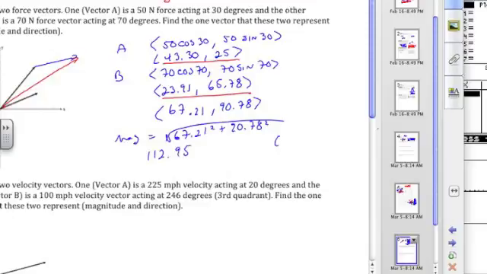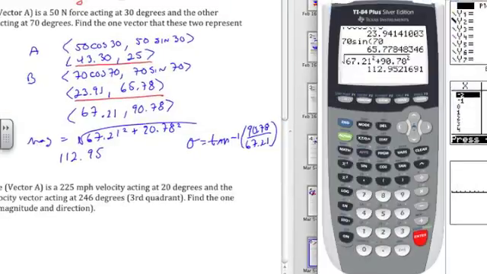And then the angle is going to be the inverse tangent of the y, which is 90.78, divided by the x, which is 67.21. And again, every time I do that inverse tangent, I'm just going to make sure I get the right angle.